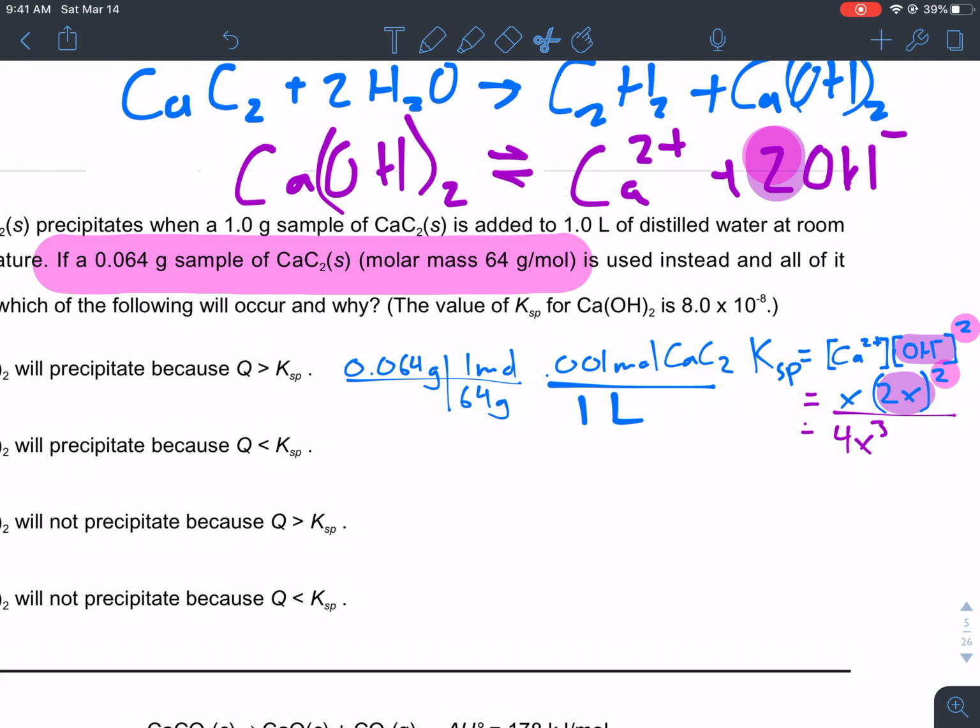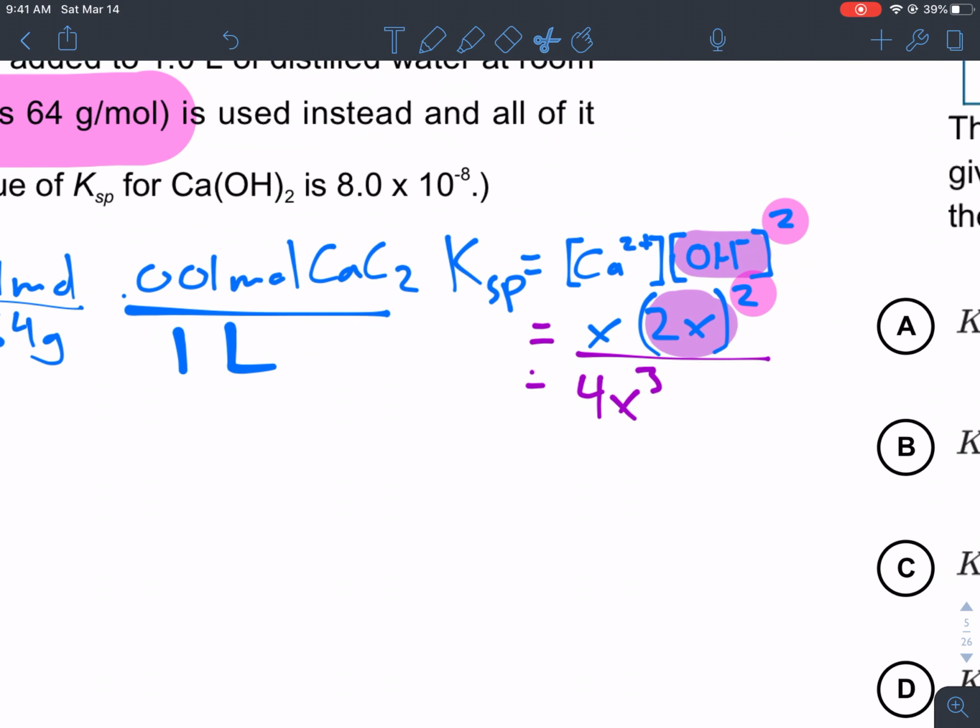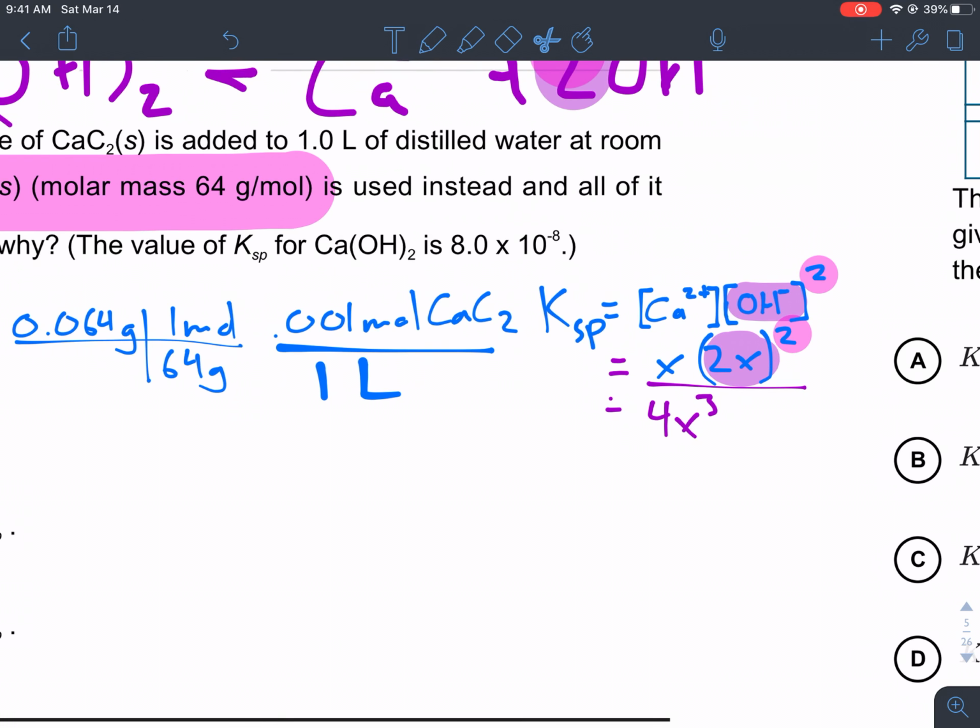All right. Now I got to plug in some numbers for it. Calcium is a strong ion. So if I have 0.001 moles of calcium hydroxide, guess what? I have 0.001 moles, or sorry, I should say molarity of calcium 2+ as well, because it dissociates. So in other words, that number is going to be placed in the x.